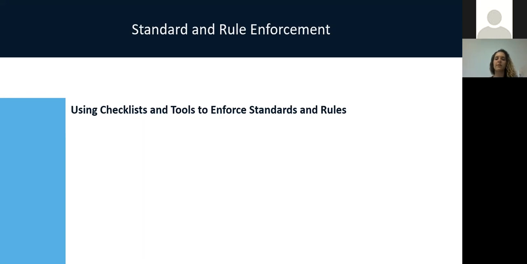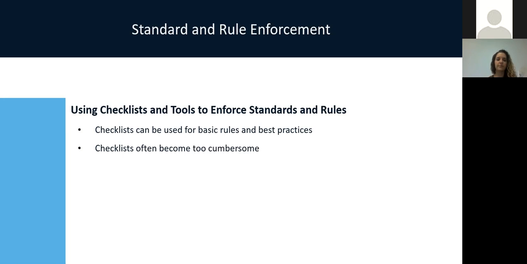And using checklists and tools to enforce these standards and rules is very important. Checklists are good for basic rules and best practices, so using certain words, or we use EARS, we follow INCOSE, things like that. If it's a list of 10 to 15, generally you can keep those top of mind and write to those 10 or 15 rules. But checklists often become too cumbersome.